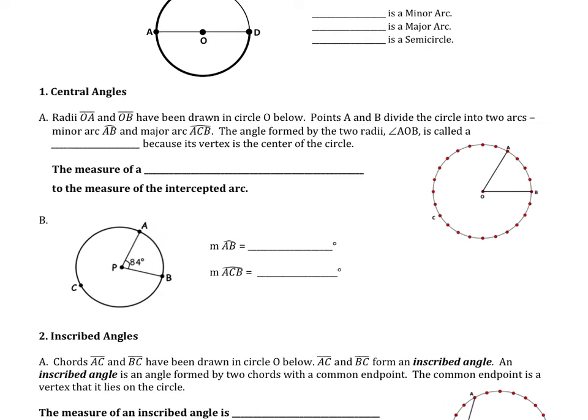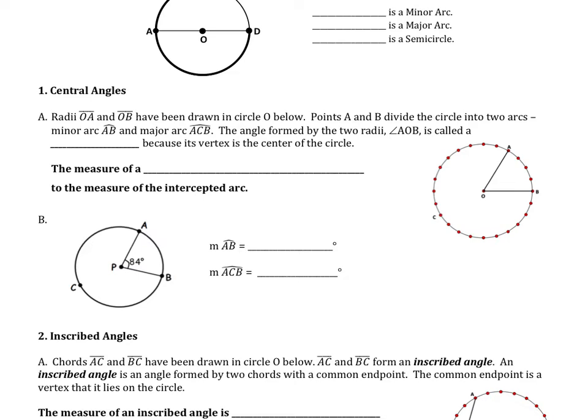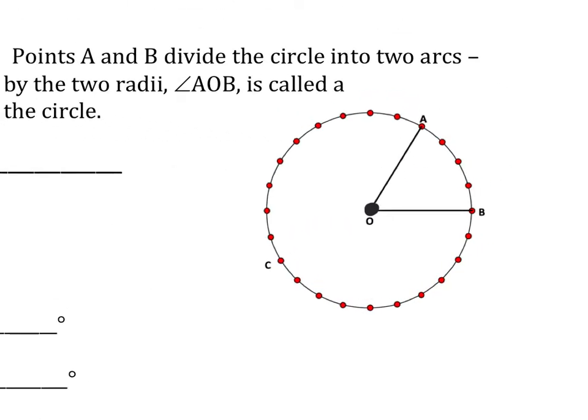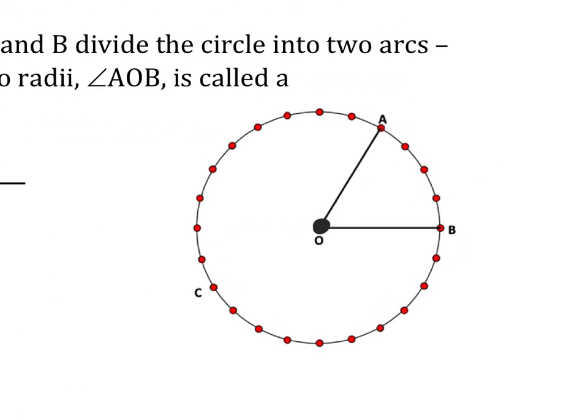The first angle we're going to talk about is called the central angle. The central angle has the vertex at the center. So in this case, angle AOB is a central angle because the vertex O is at the center. In this case, the central angle is equal to the intercepted arc.